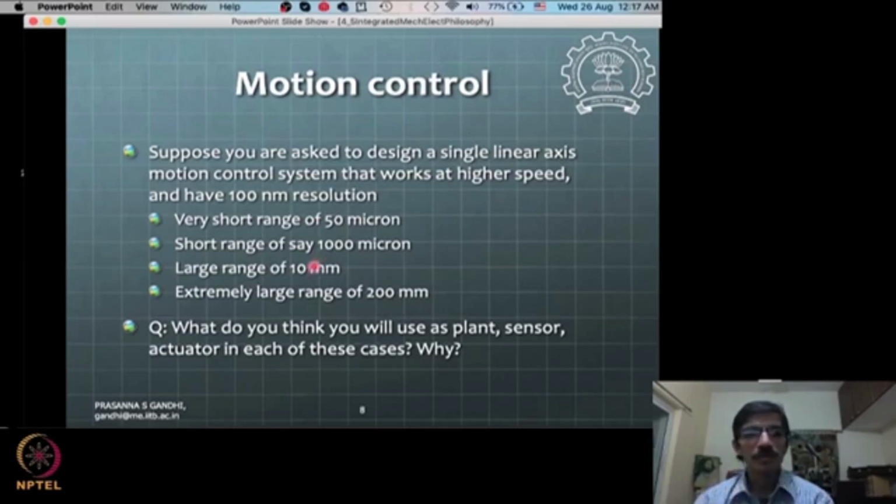So you use some combination of rack and pinion, belt drive or screw drive along with a compliant mechanism. Okay, so there will be two actuators in this kind of case. If you want a really large motion, like 200 mm, with a resolution of 100 nanometers, then you need to have a double actuator system.